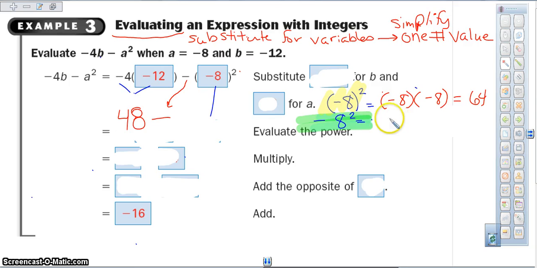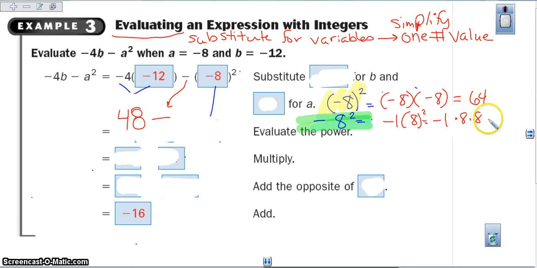If you put it in without the parenthesis, it means this. It's like a -1 times 8 squared. Well, that means -1 times 8 and times another 8, which then would give us a negative 64. So notice how those are different. You are smarter than your calculator. So in this case, -8 times -8 would give us a minus, keep the minus, and in our parenthesis we would put 64.